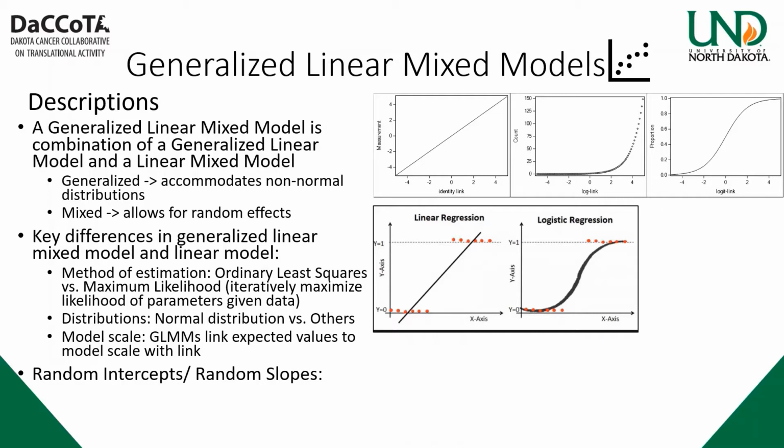Your data is either 0 or 1, and a lot of times what you're doing is modeling the probability of a 0 or 1, so it doesn't make sense to have a negative or above 1 probability. But a logistic regression, which uses this S-curve logit link, constrains it so that your model stays within the bounds of the data; it never goes below 0 and never goes above 1. So that's stuff on the model scale.